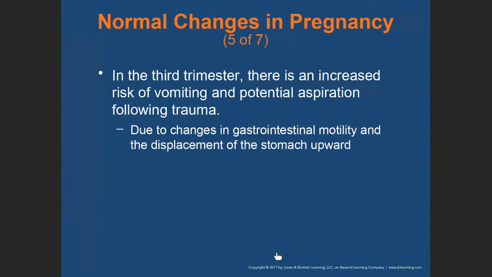In the third trimester, there's an increased risk of vomiting and potential aspiration following trauma. And this is due to changes in the gastrointestinal motility and the displacement of the stomach upward.